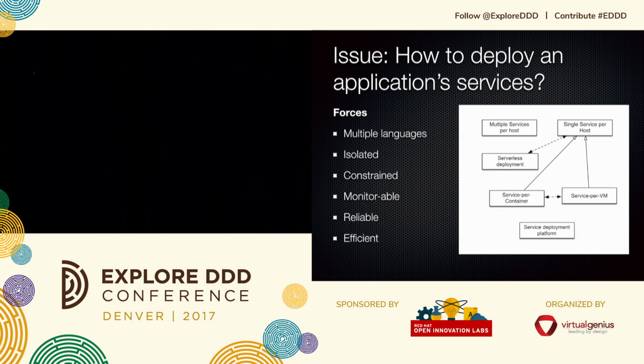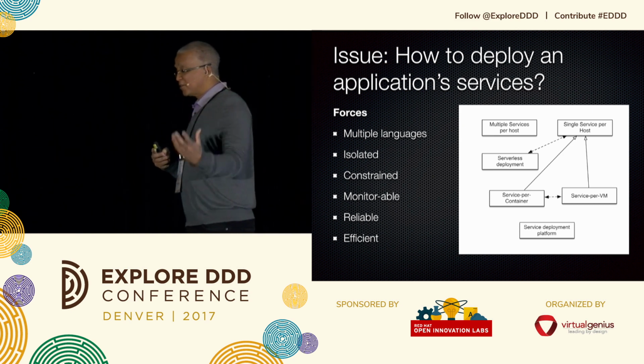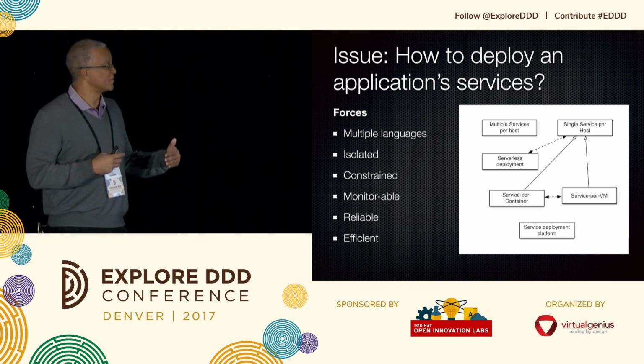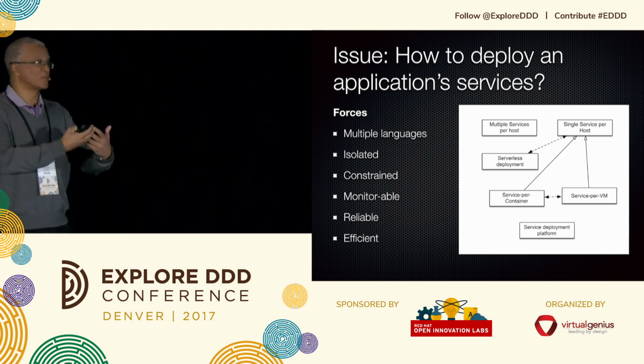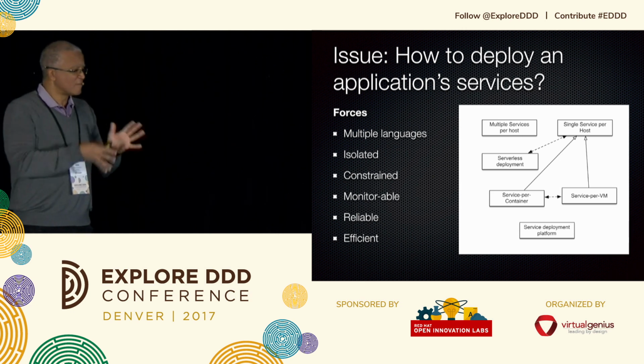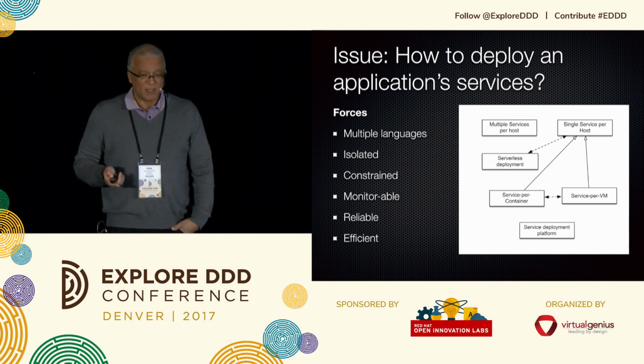I think probably the best ones today are to use a serverless deployment option like AWS Lambda if you can. Alternatively, use a Docker-based deployment infrastructure such as Kubernetes or Docker Swarm, or you can use VMs. And there are various trade-offs with each of those options.